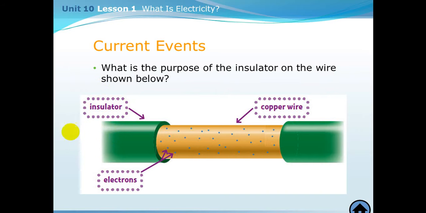So the insulator here resists the flow of the electrons to our body. That's why in the wires we need the insulator. And then inside this copper wire, as this picture shows, the electrons move from the negatively charged end to the positively charged end of the wire.